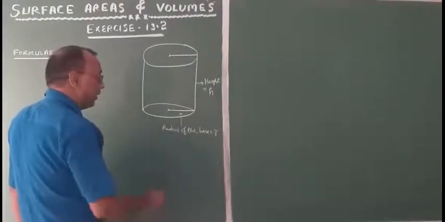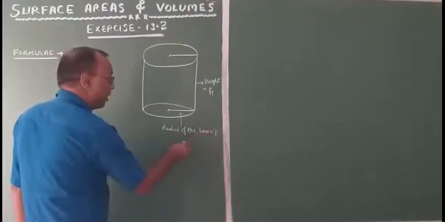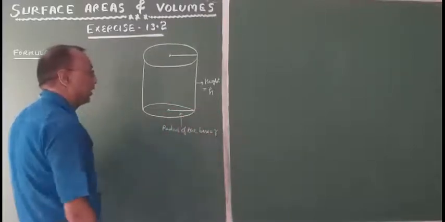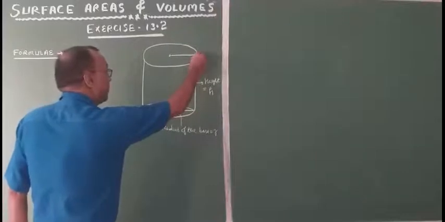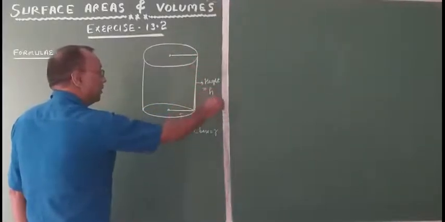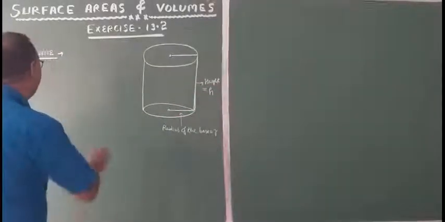Is it okay? Let the radius of the base be small r. From here to here, this is the base radius of the cylinder. And this line, this edge, is called the height of the cylinder. Now, we have some formulae.